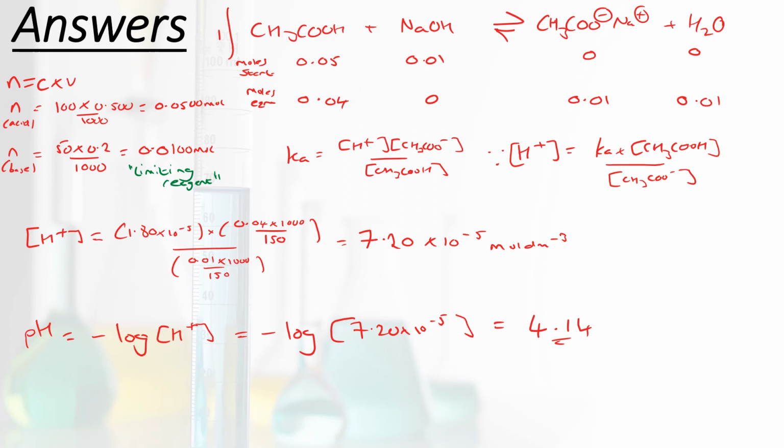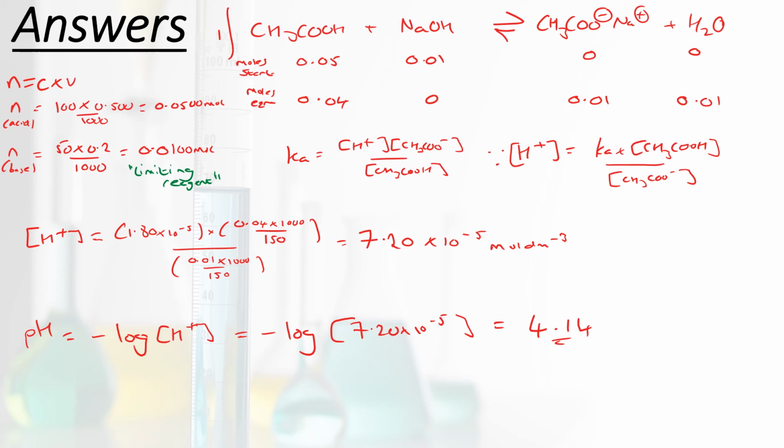Then we write out our Ka expression, H+ times CH3COO- divided by CH3COOH. So that's the H+ concentration multiplied by the salt concentration divided by the unreacted acid concentration.